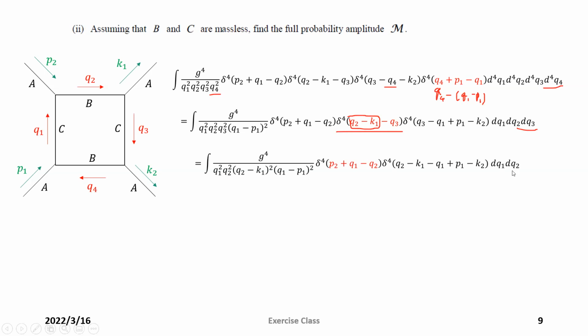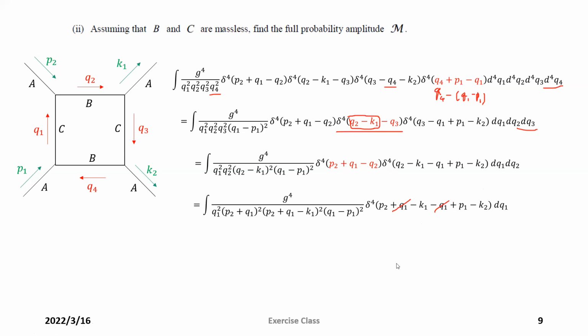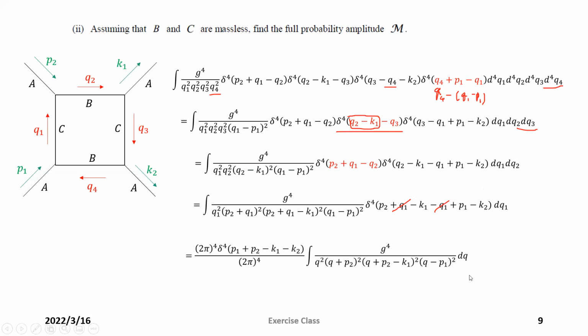And similarly, we can do the integration on Q2 and just replace all the Q2 by P2 plus Q1. And you can see that this 2Q1 will cancel. And finally, we'll be left with such integrations.